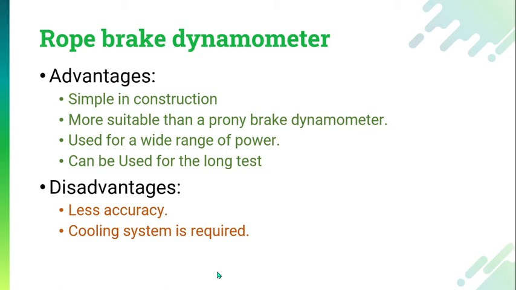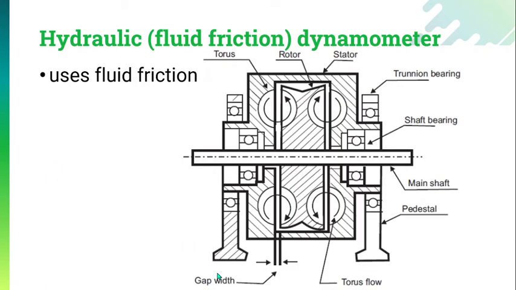The third category of dynamometer is the hydraulic dynamometer. Many times this kind of dynamometer is also known as the fluid friction dynamometer. Now, the question arises, why is this known as the fluid friction dynamometer?